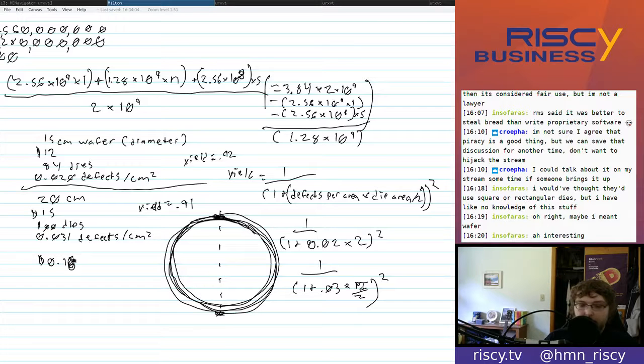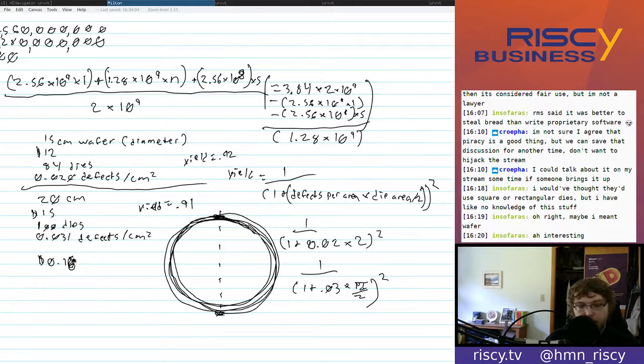All right. And now we're doing 15 space bucks divided by 100 dies times 0.91 yield.